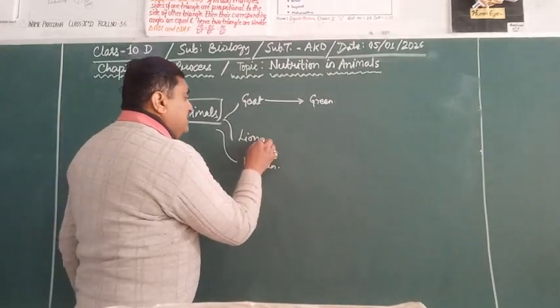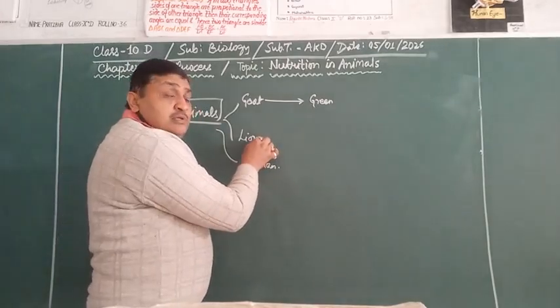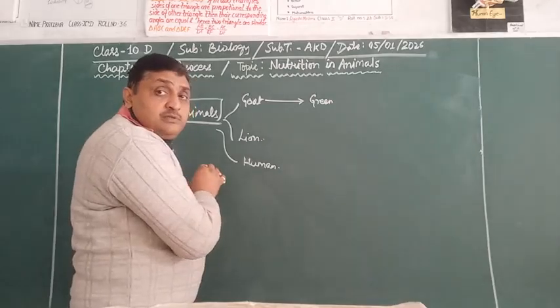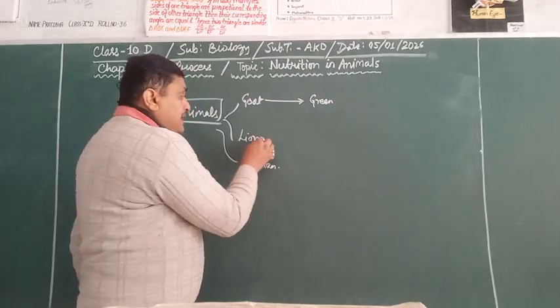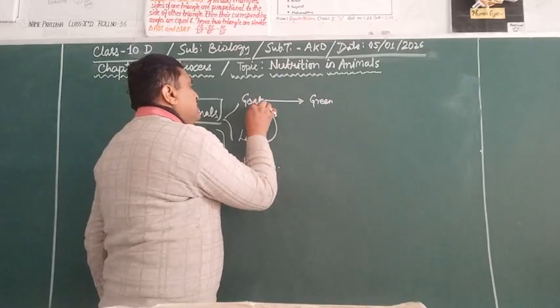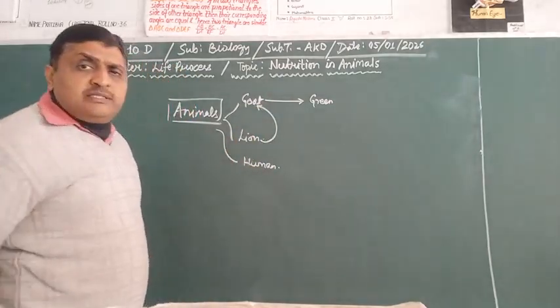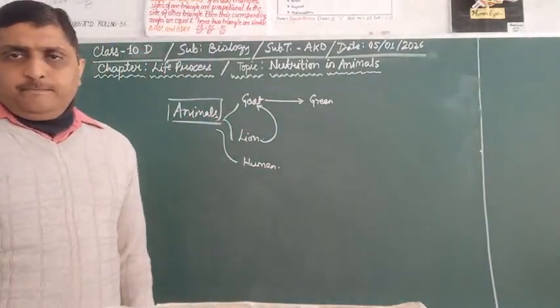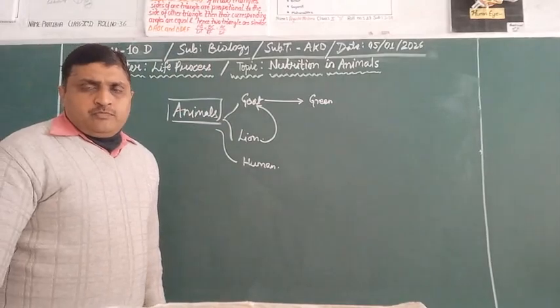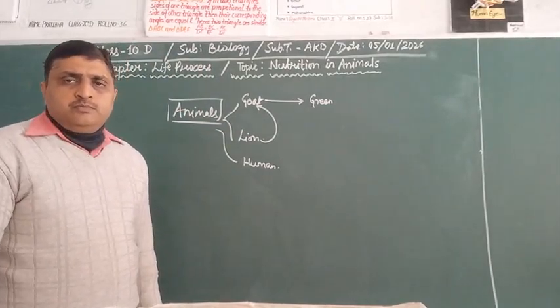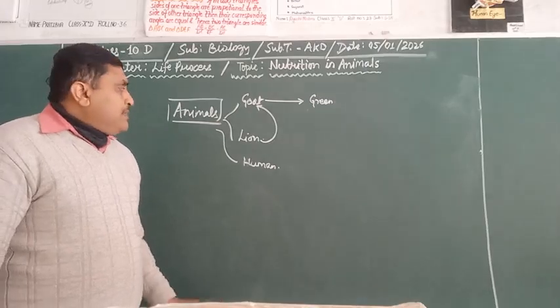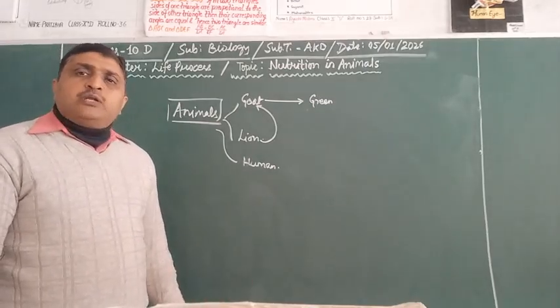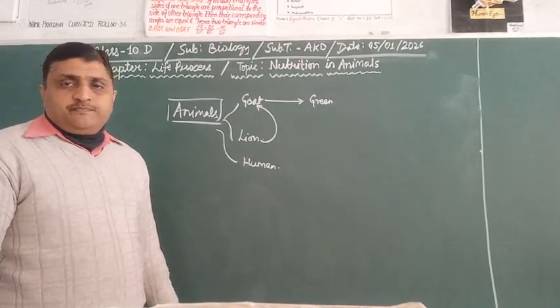The lion does not obtain its food material from green plants. It derives its food material from another organism like the goat, by eating the goat, depending on the flesh or meat of animals. Such heterotrophic organisms are known as carnivores.